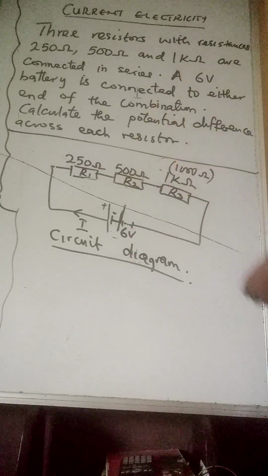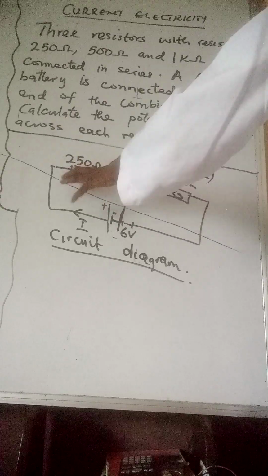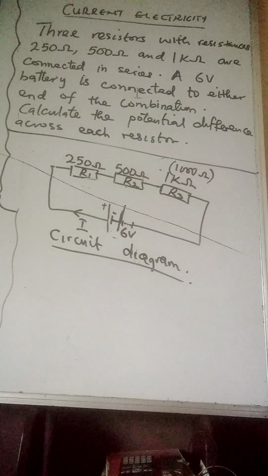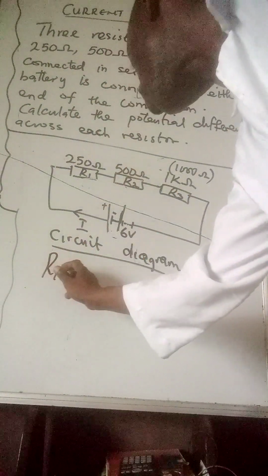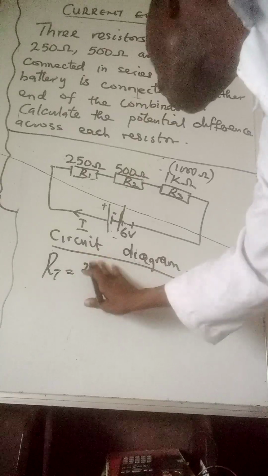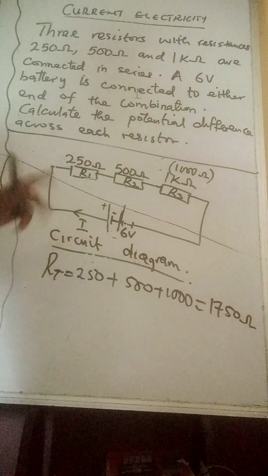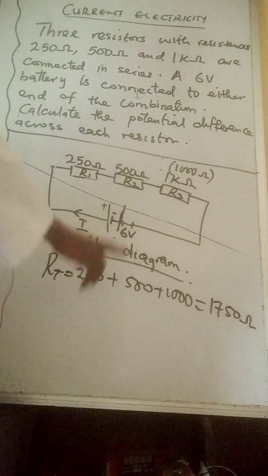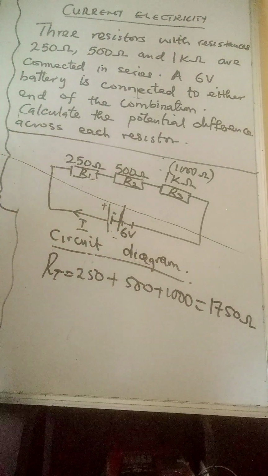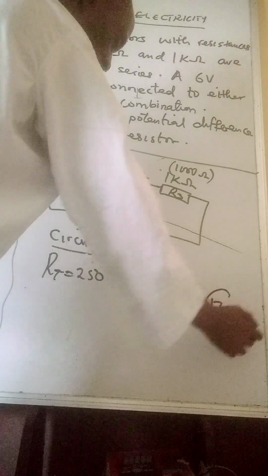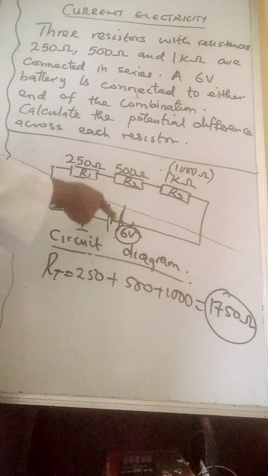Therefore, the first step is to find the equivalent resistance, which is the combined resistance for the 3 resistors. When you are dealing with a series arrangement, the total resistance will be 250 plus 500 plus 1000. That will give us a total of 1750 ohms. It is this 1750 ohms that will be using this battery of 6 volts.